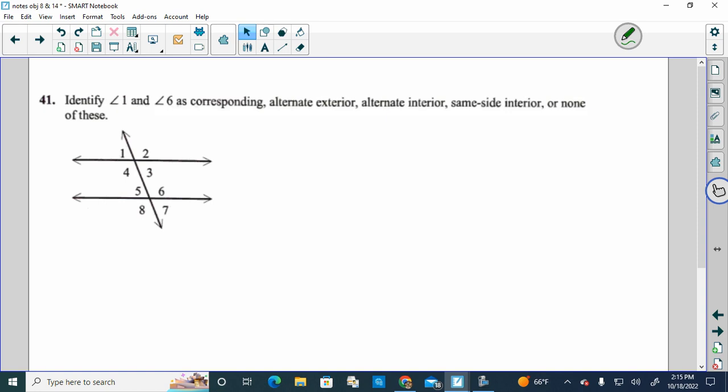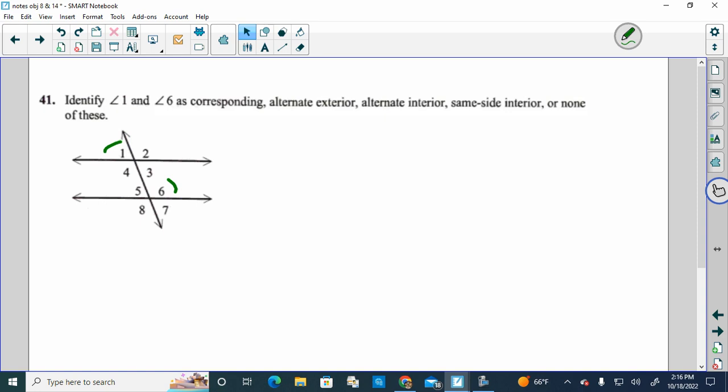Okay, so we're looking at 1 and 6. Corresponding, remember, means they're in the same location. So 1, in order for it to be in the same location, would be number 5, and it's not. So we know it's not corresponding, okay? Alternate exterior would mean they both have to be on the outside. Well, this one's on the outside, 6 is not.